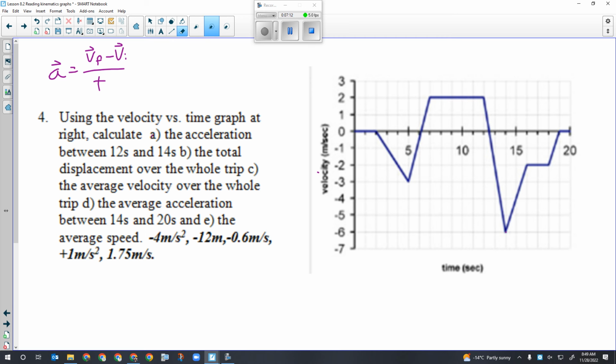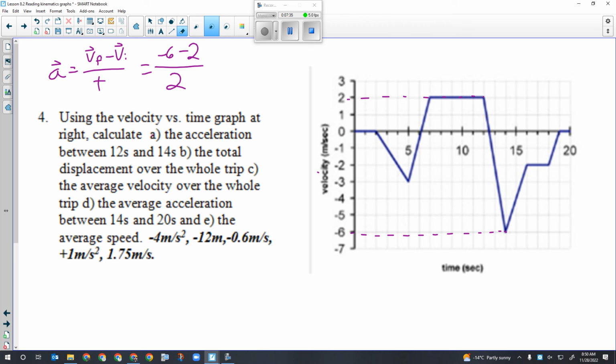So at time 14 seconds, my final velocity will be negative 6 meters per second. My initial velocity at time 12 seconds is 2, and between 12 and 14 seconds is 2 seconds. Everybody okay with what I've done there?